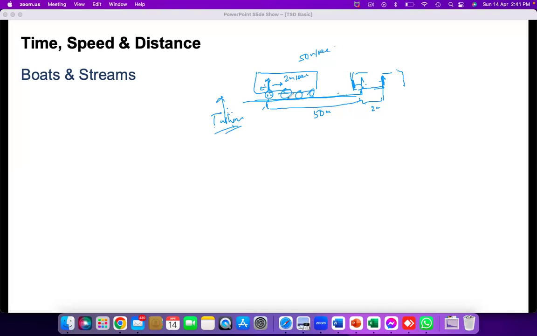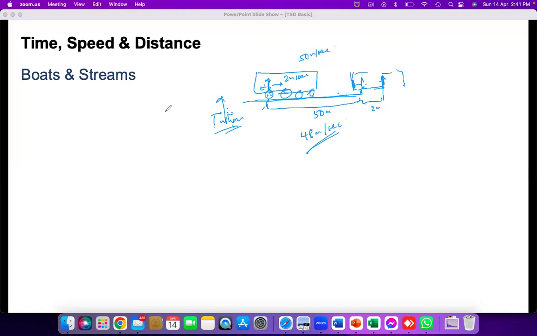So basically, how far from Tushar? 48 meters. So then the relative speed of this person with respect to Tushar is 48 meters per second. Clear?